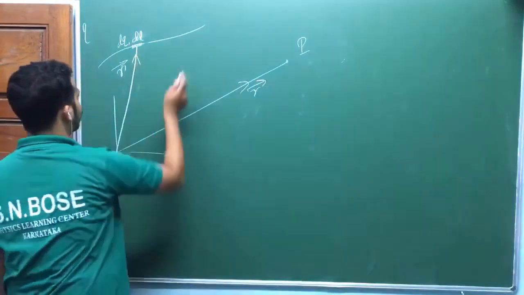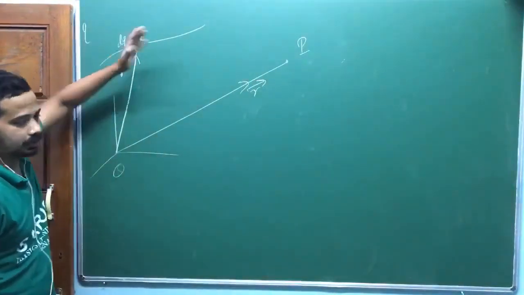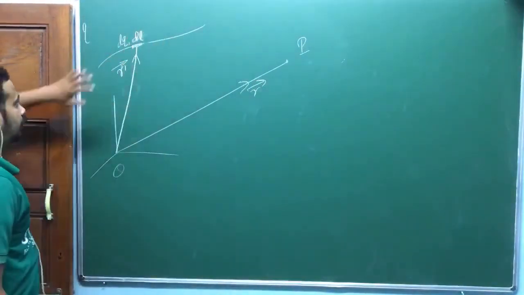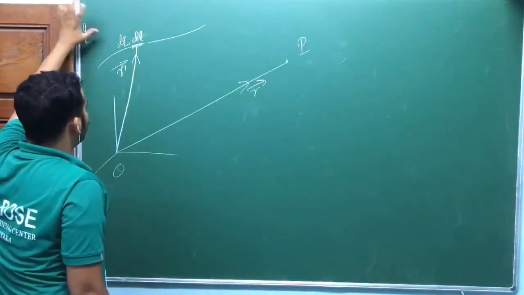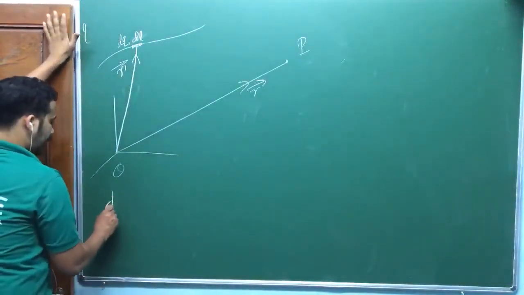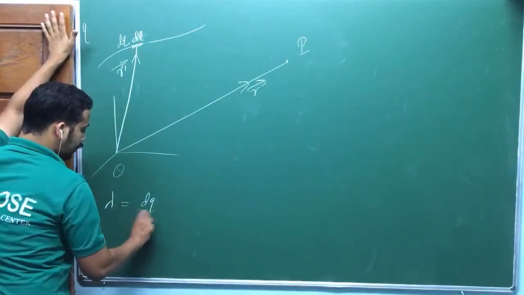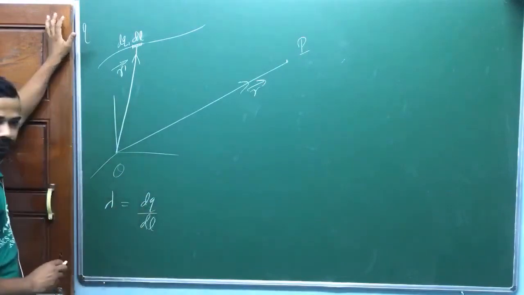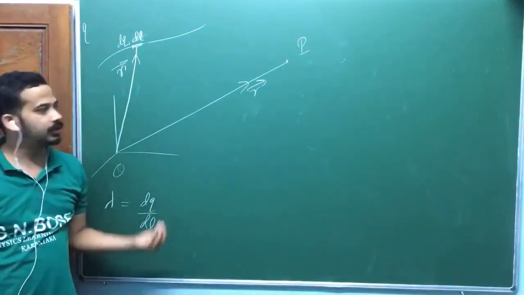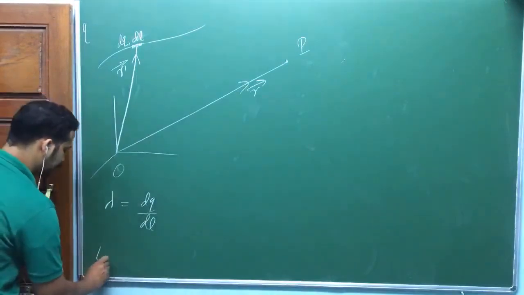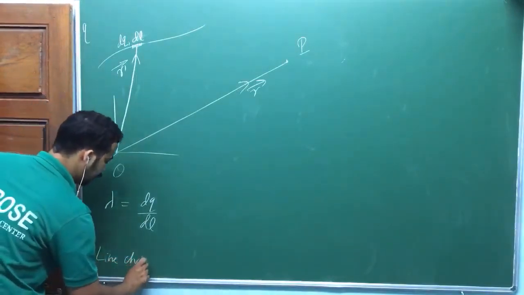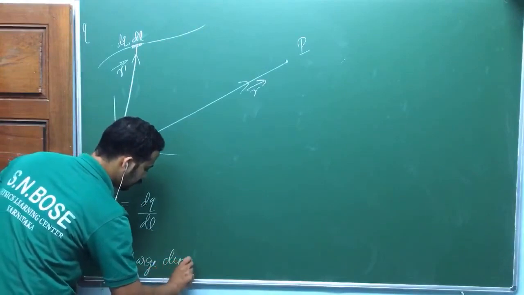And you can define italic r here. Just concentrate here; later we shall define the electric field. Now we define line charge density lambda equal to dq by dl, charge per unit length actually, but still we call it line charge density.